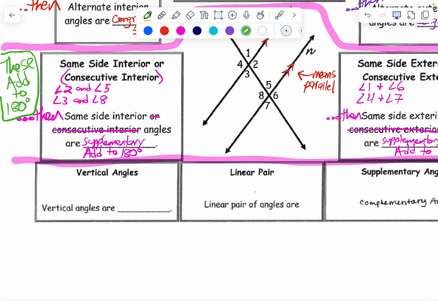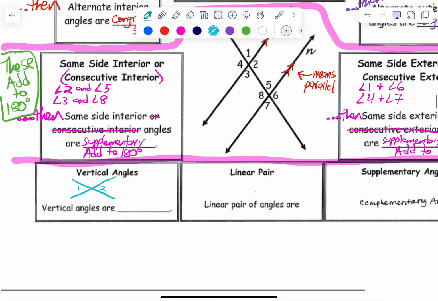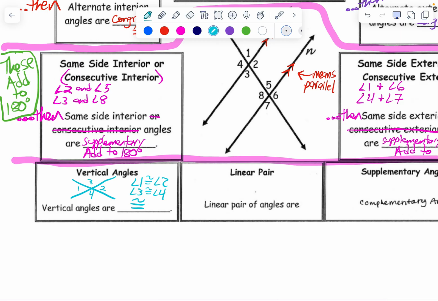So let's just quickly fill those out. Vertical angles like 1 and 2 are congruent. Also 3 and 4, right? Anytime you intersect two lines, you create vertical angles.